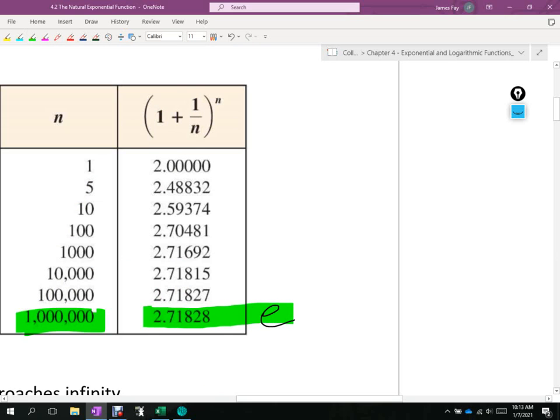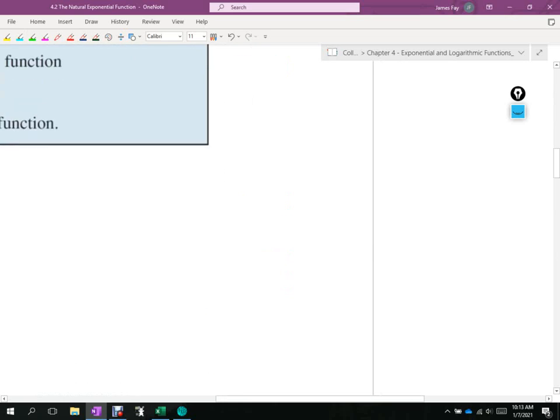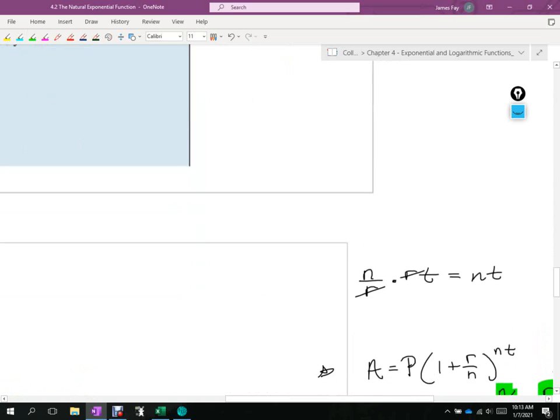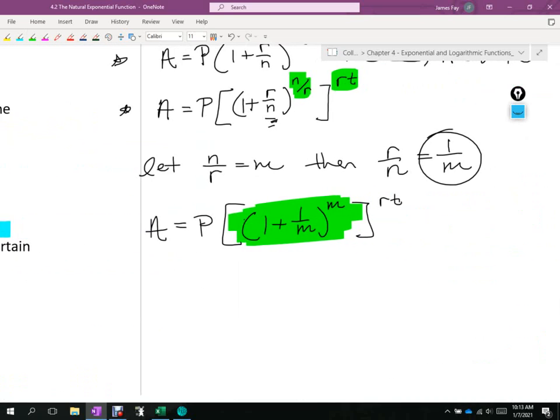Remember, we're compounding continuously. So back down in the thing that we're working on, okay, we want this m value, we want m to approach infinity because we're compounding continuously. Okay, because remember that's what this n right there was talking about, the compounds. So we want that to compound continuously.